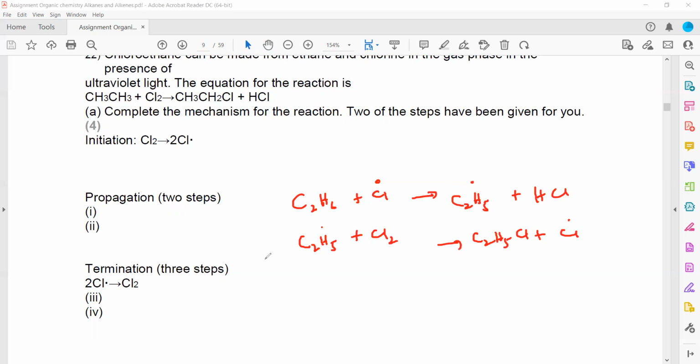And termination, how does termination happen? Chlorine radicals can join, or an ethyl radical reacts with a chlorine radical to form chloroethane, or an ethyl radical joins with another ethyl radical to form C4H10. So these are the steps for this reaction.